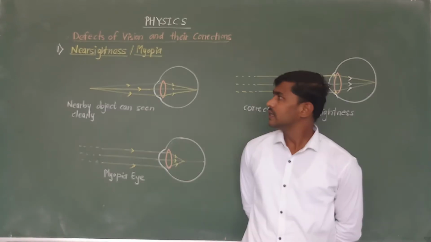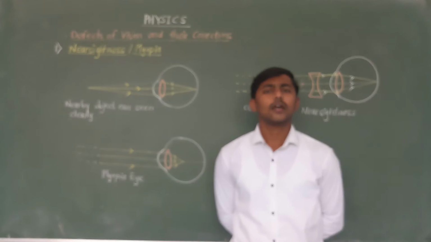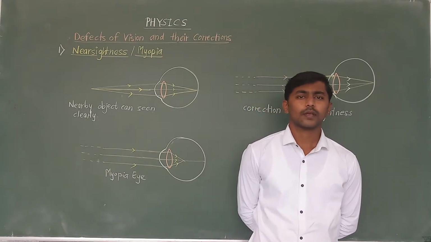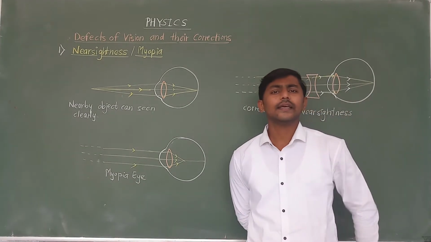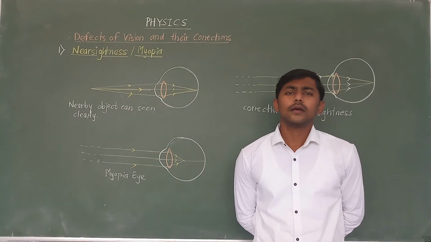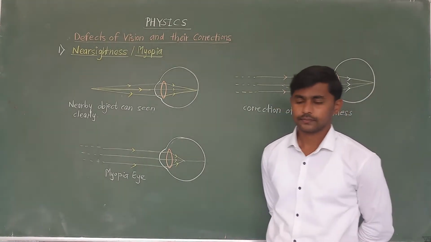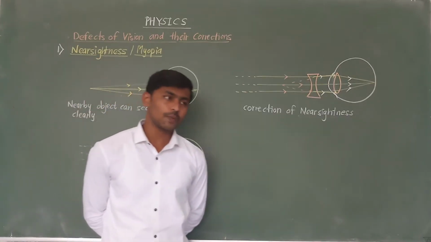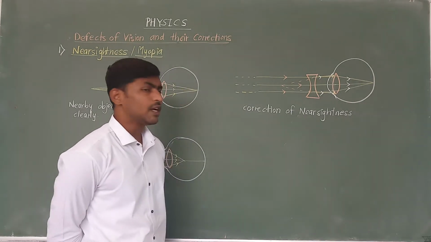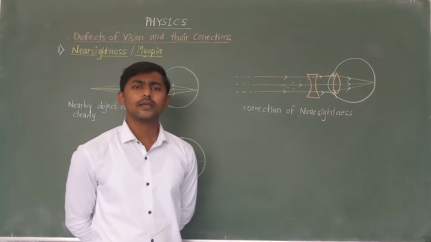First defect is also called myopia. The second defect, farsightedness, is also called hypermetropia.